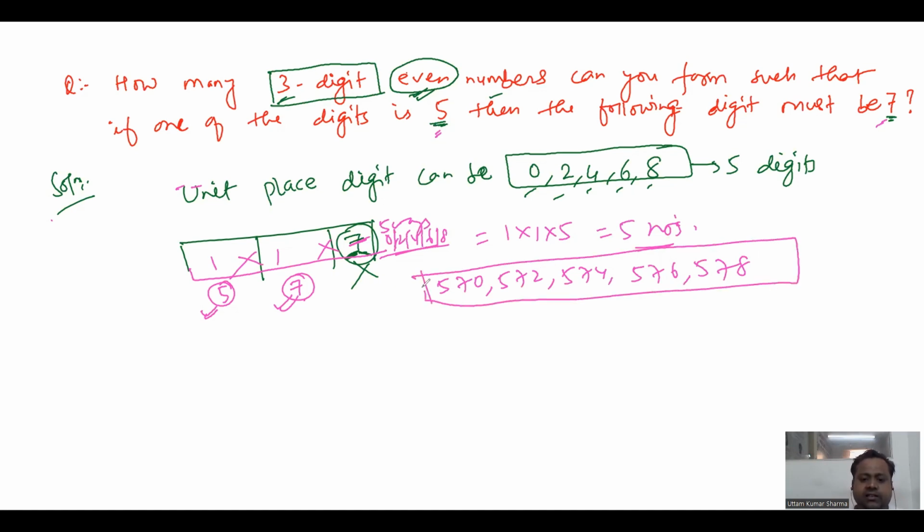But are these all the numbers that we are looking for? Obviously not. We are looking for all three-digit even numbers. If the condition is that if you get 5, then it must be followed by 7, that means we can form other three-digit even numbers also where I'm not taking 5.